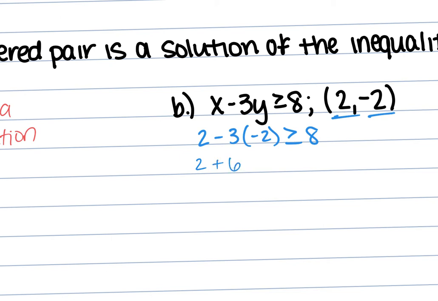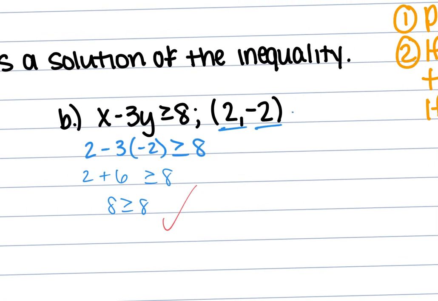So plus 6. Is 8 bigger than or equal to 8? Yes. So this one is a solution, okay? We're going to write 2, -2 is a solution. Is it the solution? No, because there can be more than one, okay? These are inequalities. Are we Gucci so far?